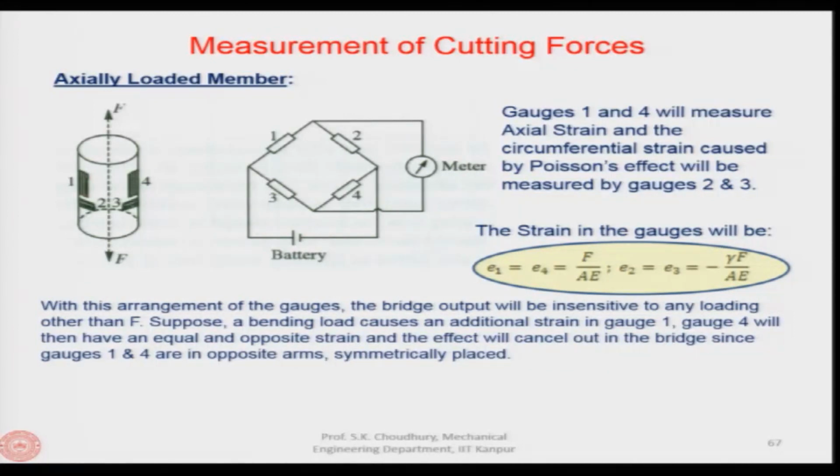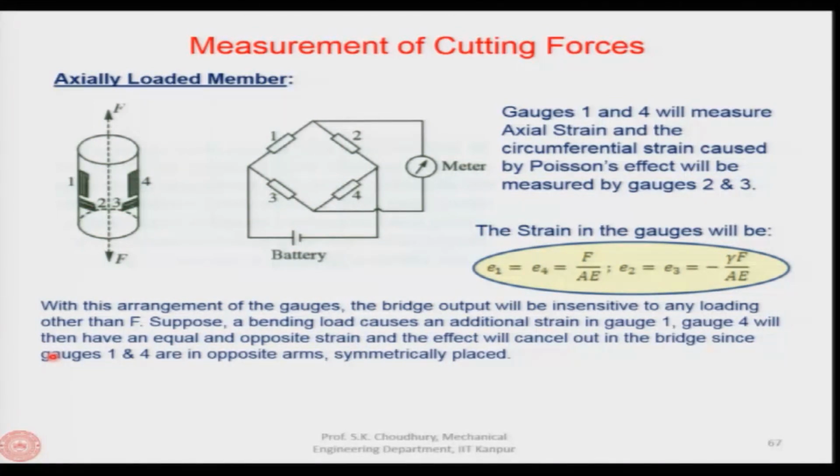Now, these strain gauges, or piezoelectric elements 1 and 4, will measure the axial strain, and the circumferential strain caused by the Poisson's effect will be measured by gauges 2 and 3.